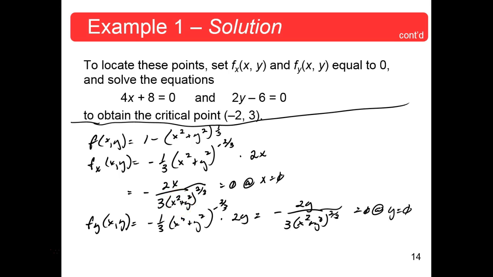It's okay for x to be 0, or it's okay for y to be 0. But if they're both 0, then your denominators for both of these cases go to 0, okay? So, we see in the first place that where x equals 0, y equals 0, which you think might be a critical point, but it doesn't exist there, okay?